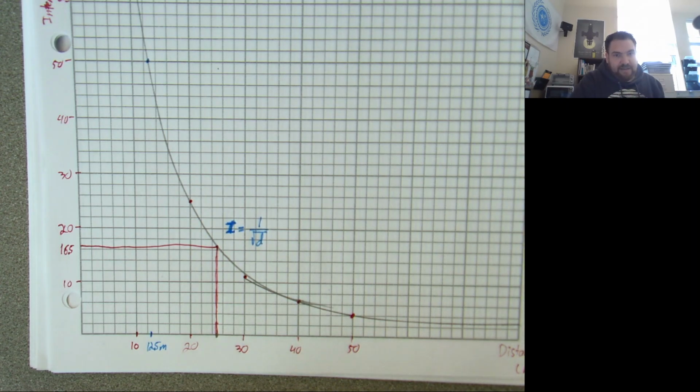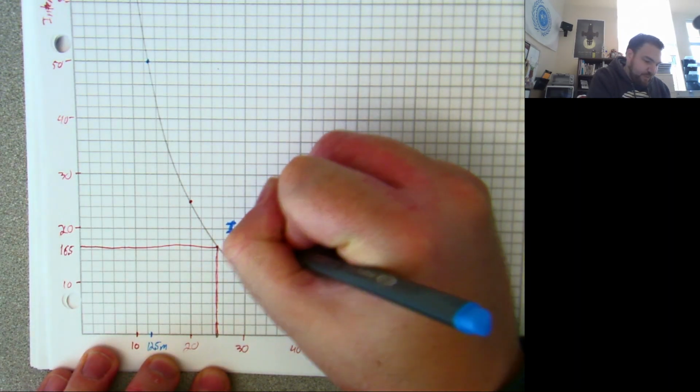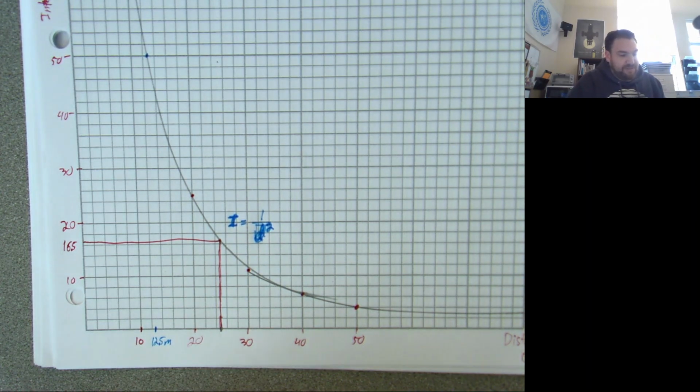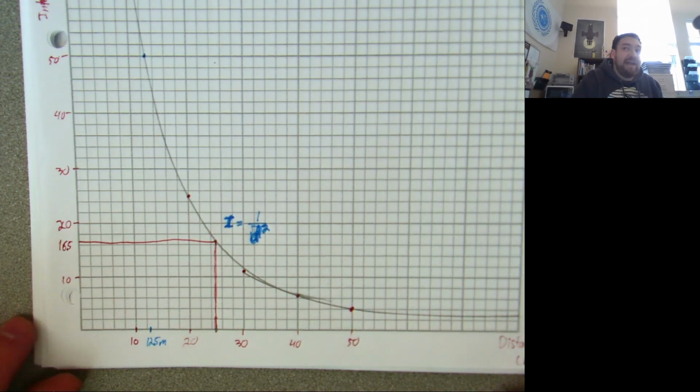Oh, sorry, I lied. Nope, it's not square root, it's squared. 1 over d squared. That makes more sense. Intensity is equal to 1 over d squared. So this is what a 1 over d squared graph would look like.